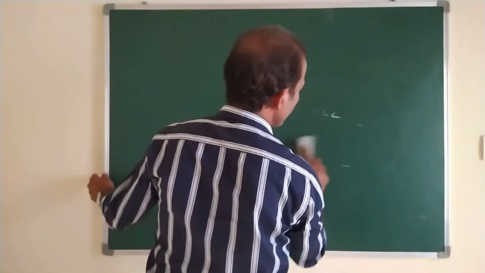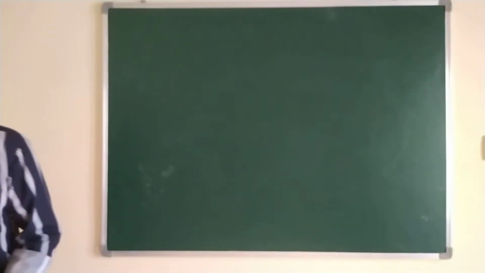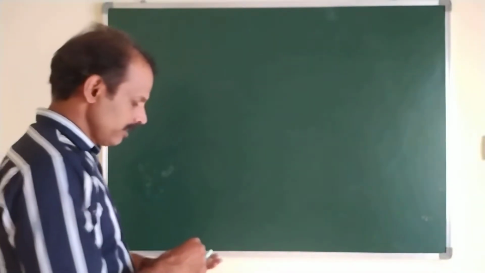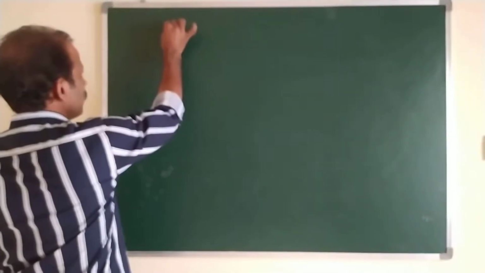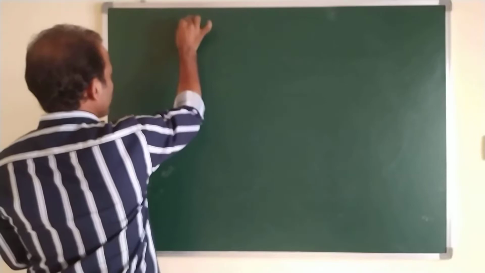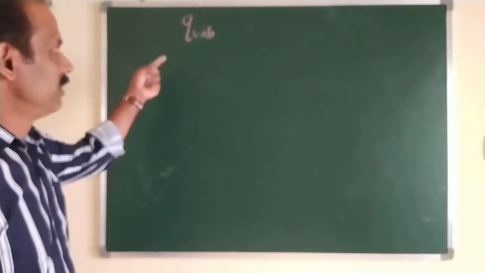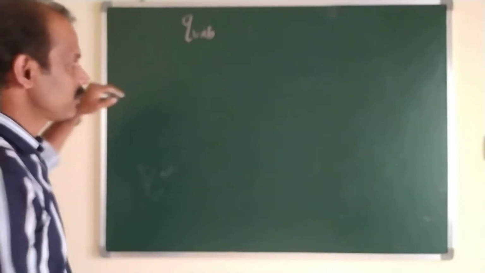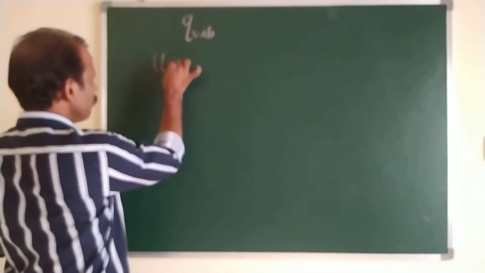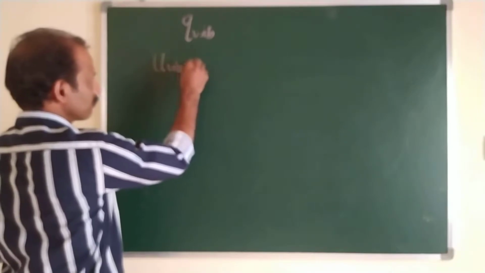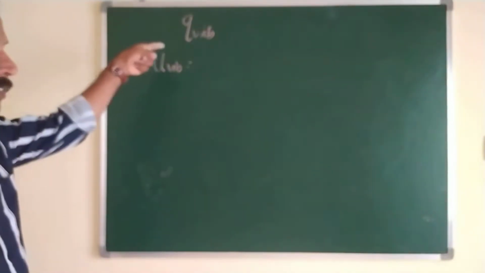And next we are moving to vibrational partition function and thermodynamic properties. That is Q vibrational and related properties. The first one is U vibration. You know what is Q vibration?